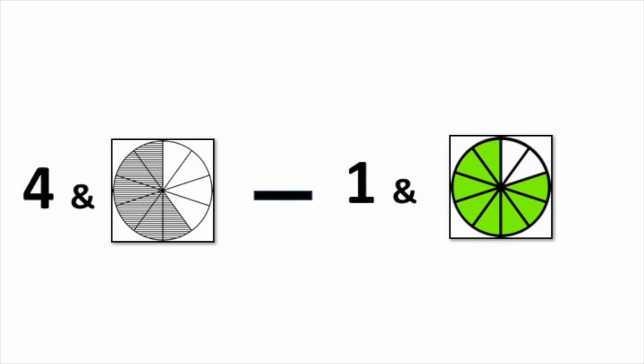Okay, so we've got 3 and 6 over 10. But we have to take away 8. So once the 6 is removed, we still have to take another 2, which means we have to borrow from the whole number. So 3 becomes 2. And after we remove the 2 pieces, we're left with 8 over 10.